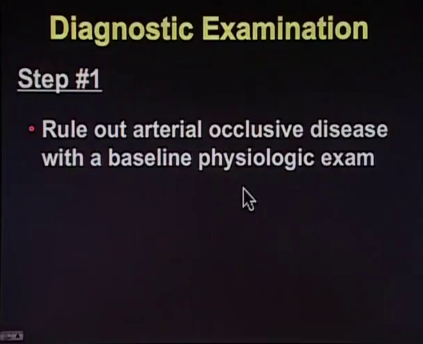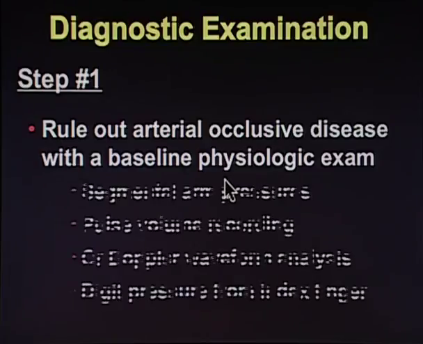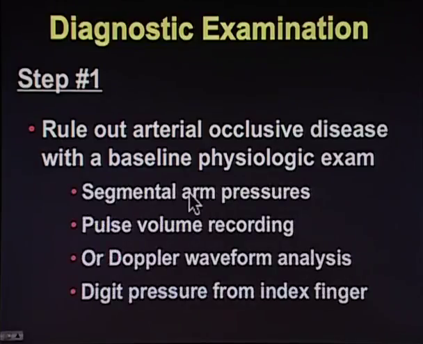Now, in our diagnostic examination, the first step is to rule out proximal occlusive disease. In other words, this is a baseline study for the other modalities of testing that we'll use. So we rule out occlusive disease, primarily in the subclavian artery, the brachial artery, or the innominate artery, with a baseline physiologic study. This can include segmental arm pressures at the brachial and the forearm or the wrist.